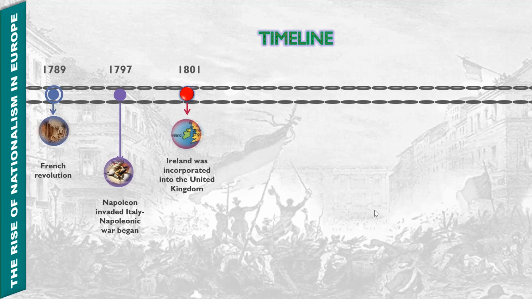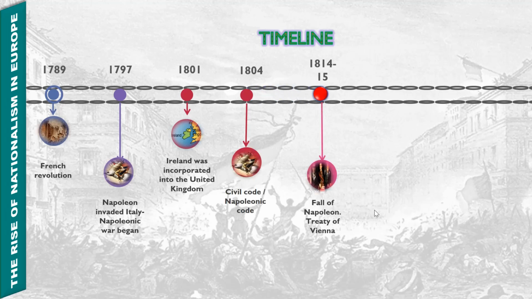In the year 1801, Ireland was incorporated into the United Kingdom. In the year 1804, the Napoleonic Code, that is the Civil Code, was introduced. In the years 1814 to 15, fall of Napoleon after the Battle of Waterloo and the Treaty of Vienna took place.